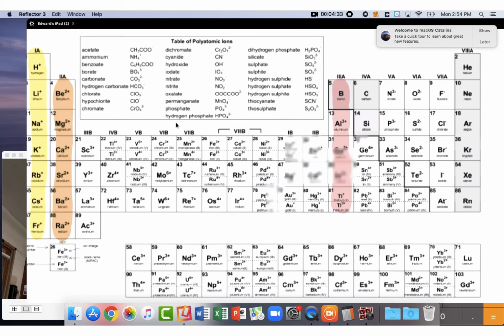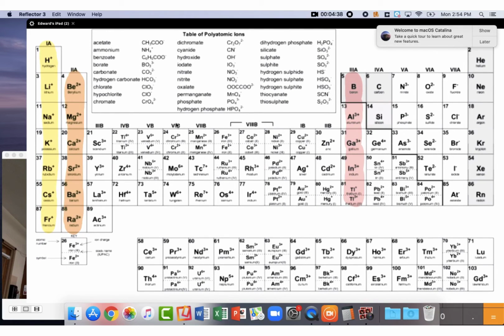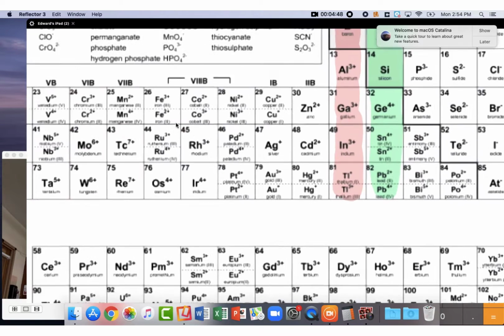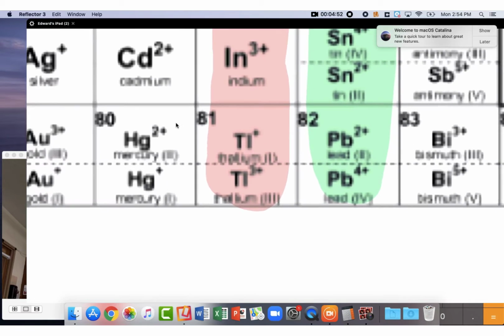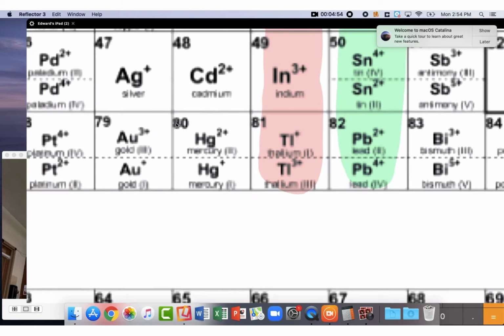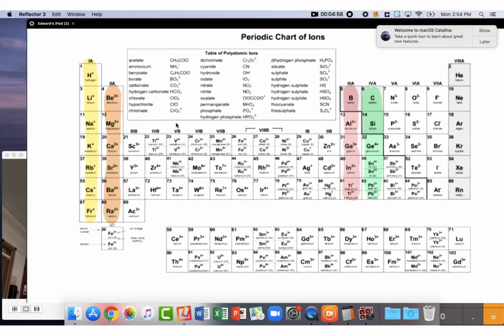Let's go to the next section here, this nice green color. Carbon's family, these are usually plus 4, but you get down here, tin is plus 4 or plus 2. You look at lead, lead's plus 2 or plus 4. So there are variations, so you might want to use this chart to get everything straightened out.